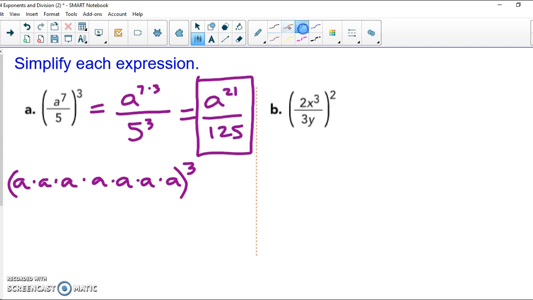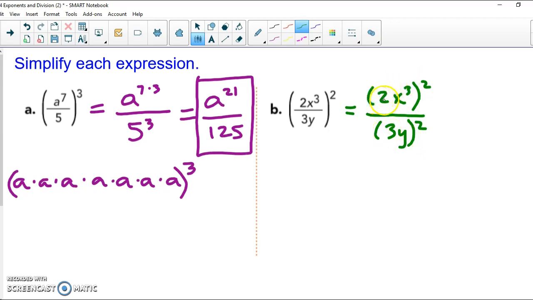Let's check out letter B here. I have 2x cubed over 3y, that whole quantity squared. So I am going to take my entire numerator, 2x cubed, and I'm going to square that, and I'm going to take my whole denominator, 3y, and square that. Notice I'm putting it in parentheses because the whole numerator and the whole denominator need to be squared.